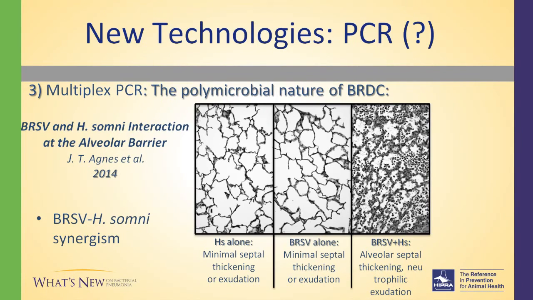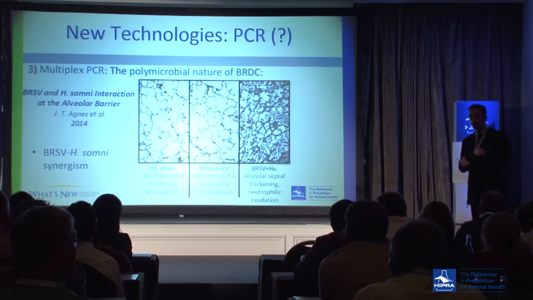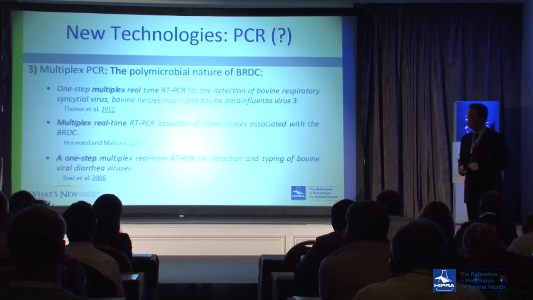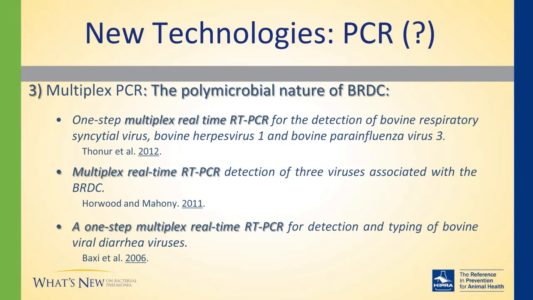So if we are in this scenario, probably it's a good idea to have a multiplex PCR to detect both the bacteria and the virus. And you can have a look at the scientific literature, and you will find different studies dealing with the use of multiplex PCR to detect several pathogens from BRD cases, particularly for viruses.